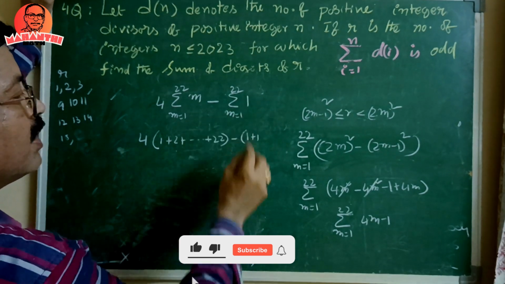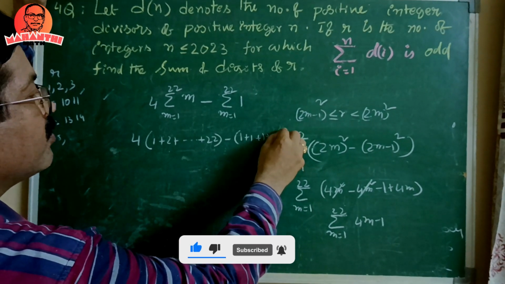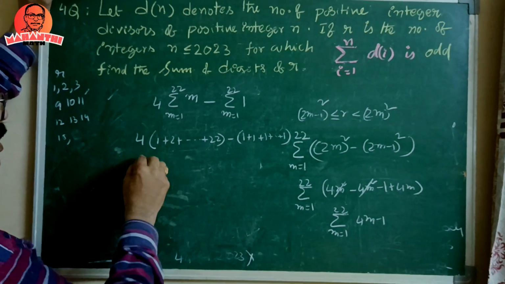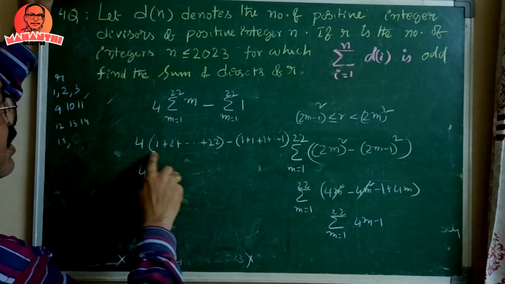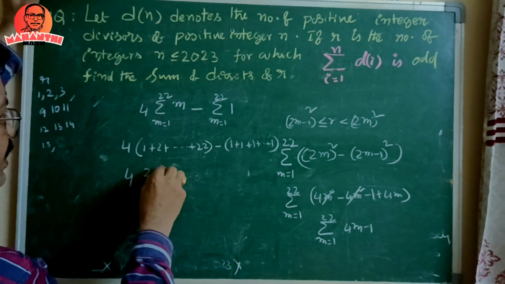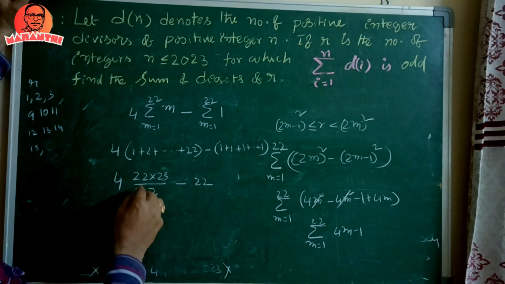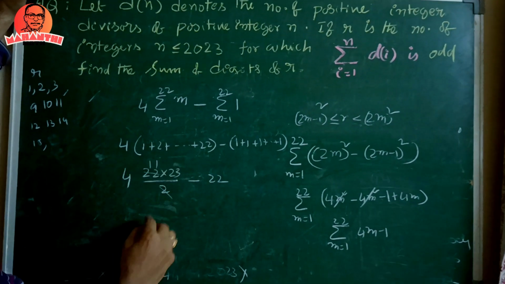At last m equal to 22, minus: m equal to 1 means 1, m equal to 2 means 1. Why? Because here there is no m to substitute. M equal to 3 means 1. Like that 22 ones we will write. Now 4 into, what is the sum of these two? You calculate that one. This will come like this, 23 by 2 minus 22. This is 2 11s.